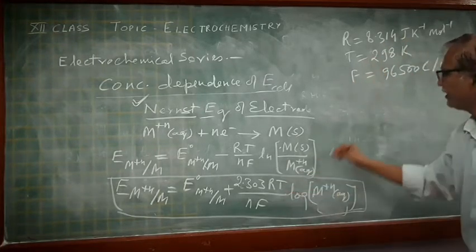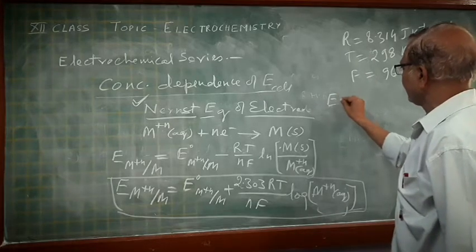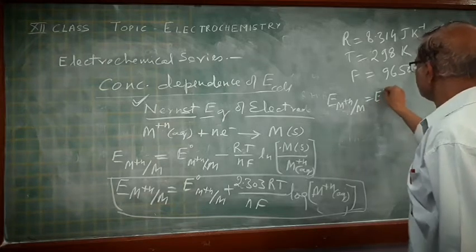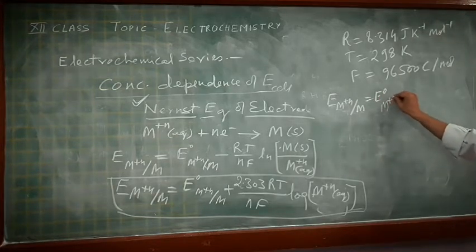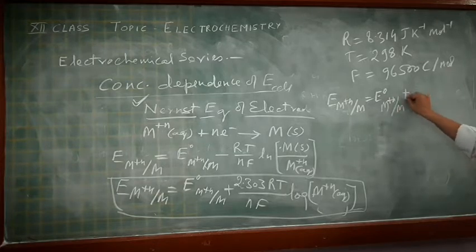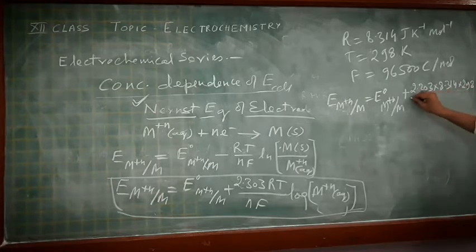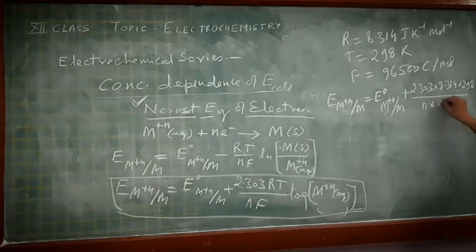If we put these values here, E of M^n+ to M equals E0 of M^n+ to M plus 2.303 into 8.314 into 298 upon n into 96500 log of M ion concentration.